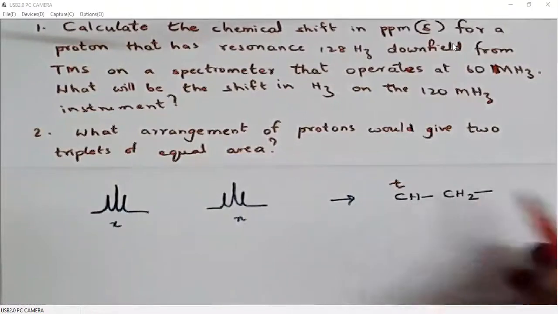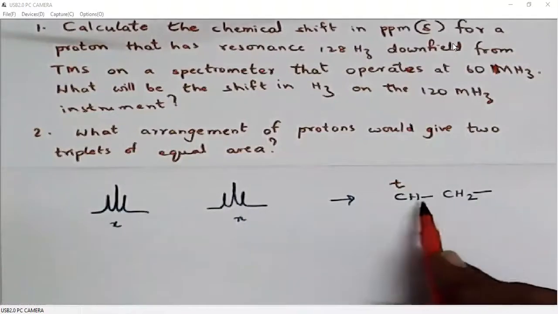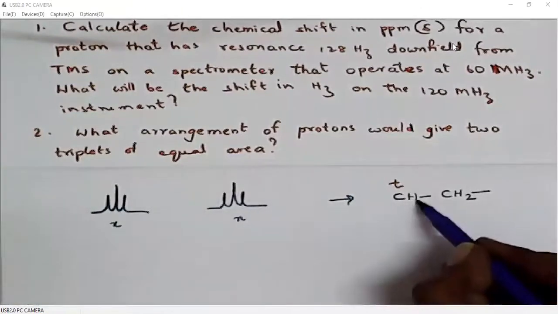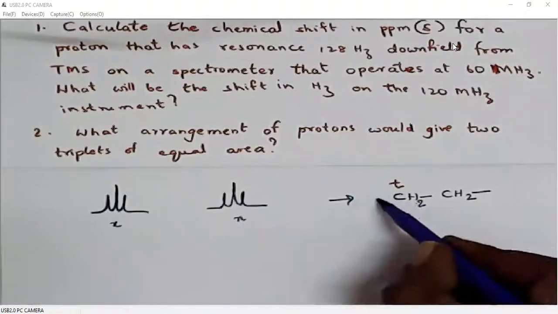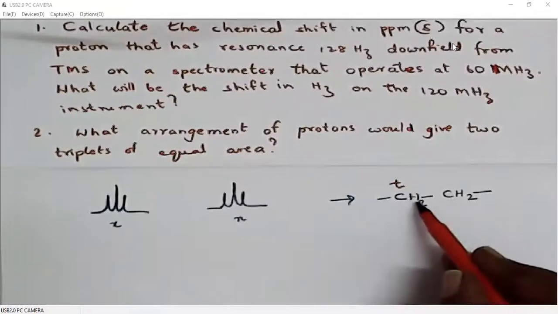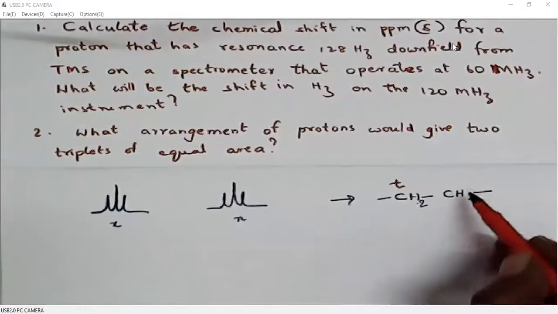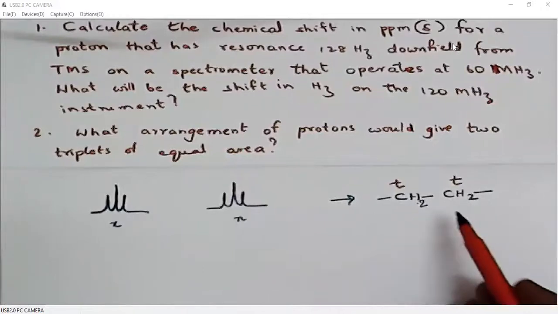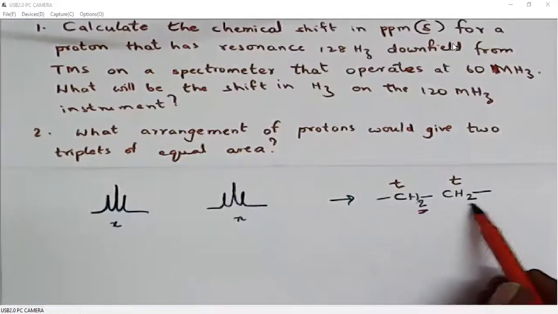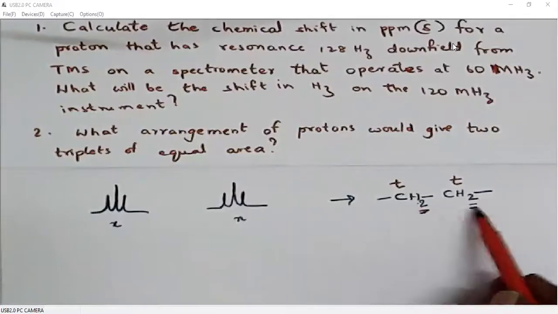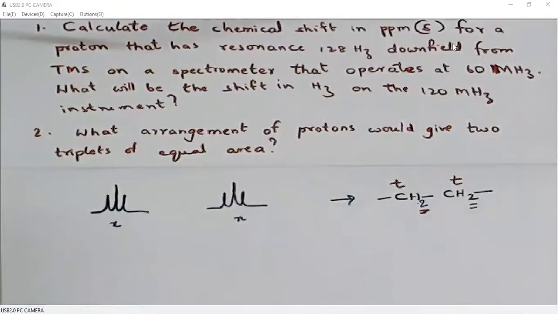So if you want to have a triplet here also, we should have two protons here also. So just make it 2. Then these protons have two alpha hydrogens, so 2 plus 1, 3, it gets a triplet. So if you want two triplets with the same intensities, it should be like this. It should give the same intensity because the two triplets arise from the same number of protons. So we will get equal intensity.